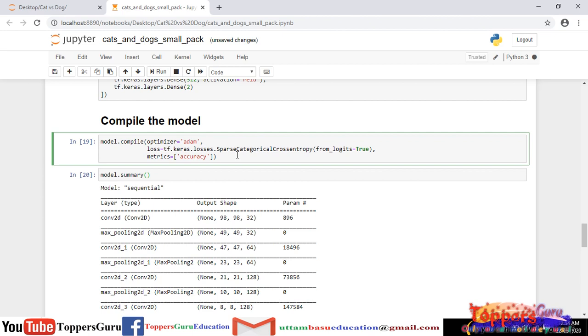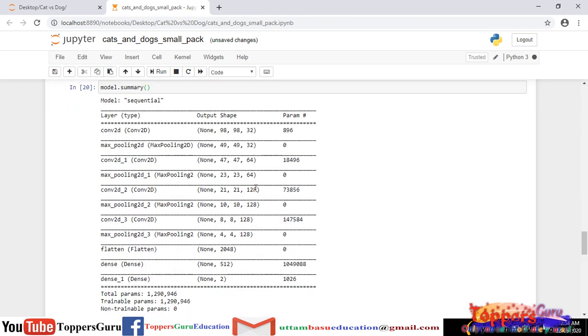Adam realizes the benefits of both AdaGrad and RMSProp. Instead of adapting the parameter learning rates based on the average of the first moments, that means the mean, as in RMSProp, Adam also makes use of the average of the second moments of the gradients, the uncentered variance.